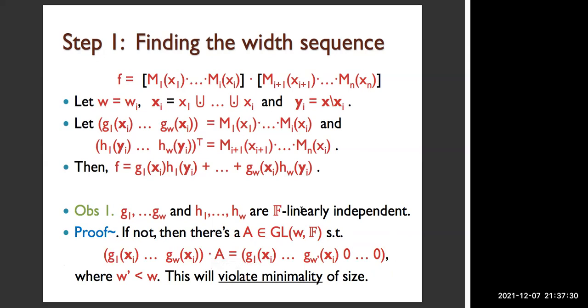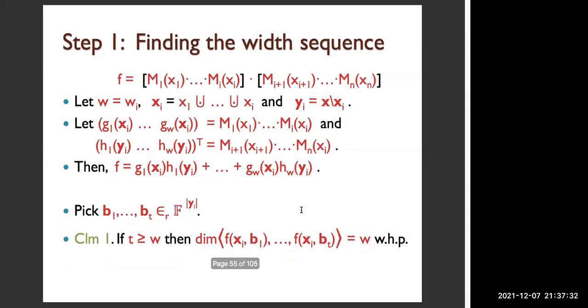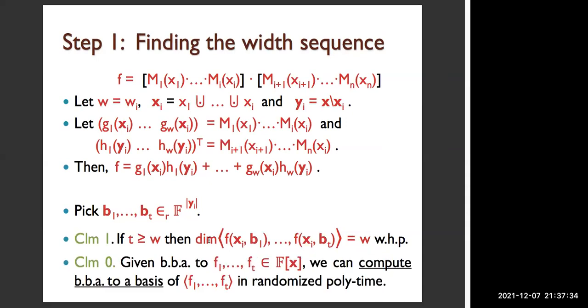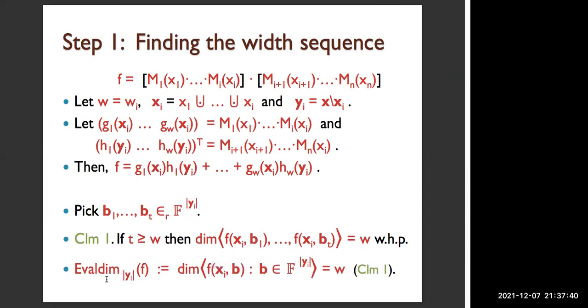Now, this dimension is something fundamental. So let me say what it is usually called in the literature. It's called the evaluation dimension with respect to the Y variables of F. It is defined as the dimension of the space spanned by f x I b, where b is any point.